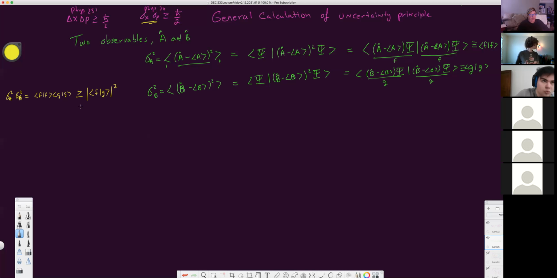Now remember that squared means F inner product with G, star, times F inner product with G. Okay, that's the Schwarz inequality, and we're going to be using that.